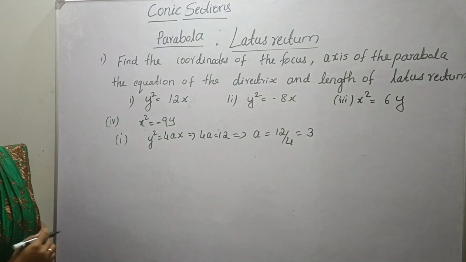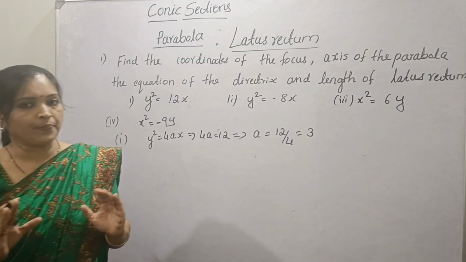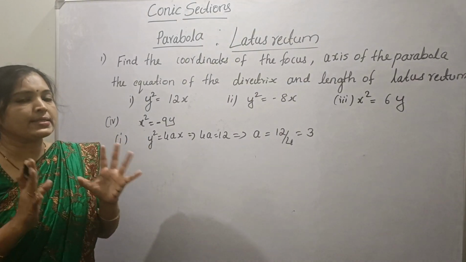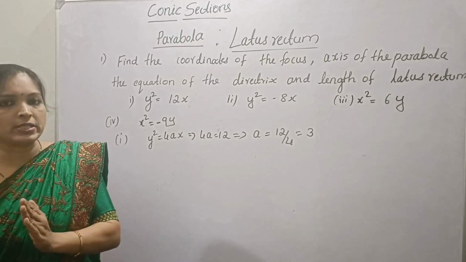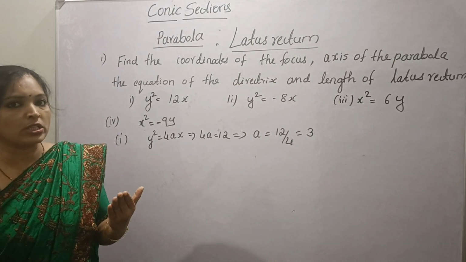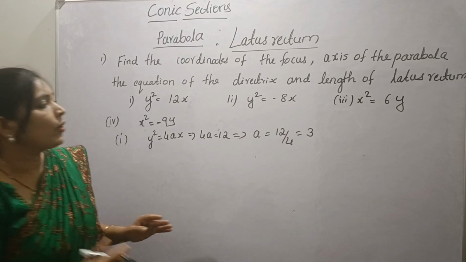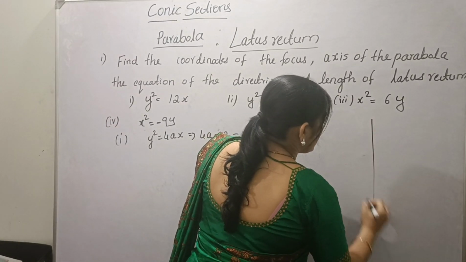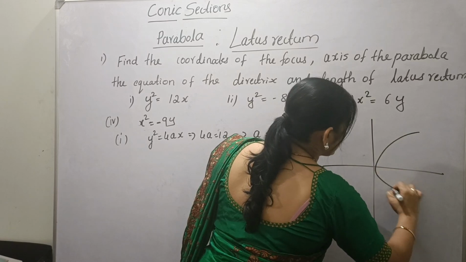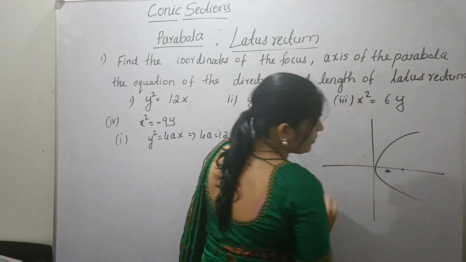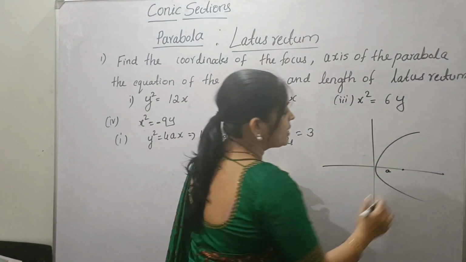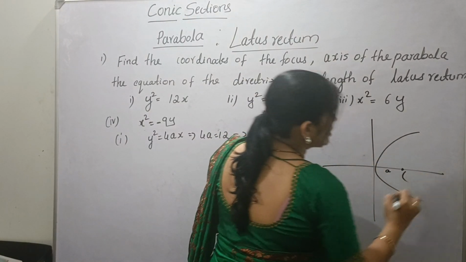Here we have got a is equal to 3. Here a is nothing but the distance from the origin to the focus point. You know what the focus point is? That is a fixed point. So if this is the parabola, this is the focus point, at distance a.